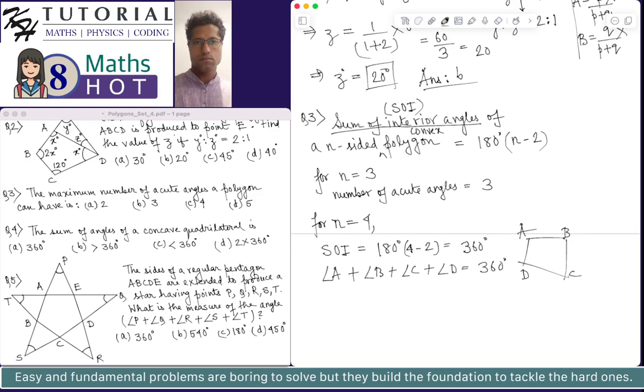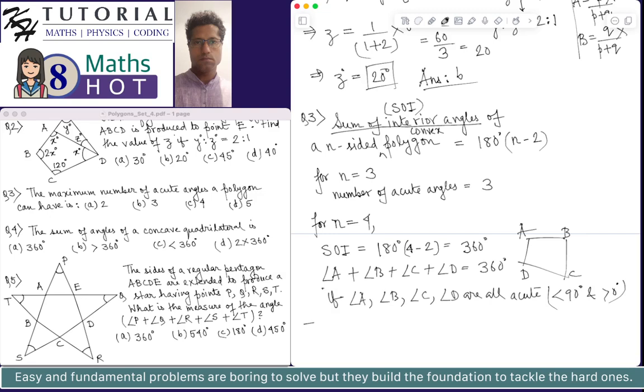If angle A, angle B, angle C, angle D are all acute, acute angle means less than 90 degrees and greater than 0 degrees, of course.